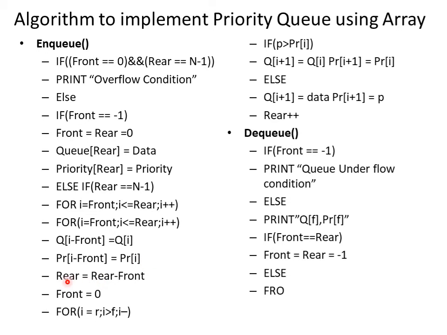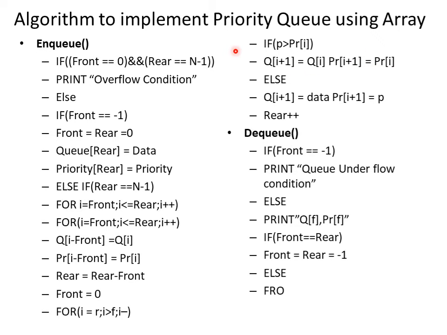Next I am initializing rear equals rear minus front, front equals 0. Then I am using a for loop, i decrementing, if p is greater than priority of i, q of i plus 1 equals q of i, priority of i plus 1 equals priority of i.